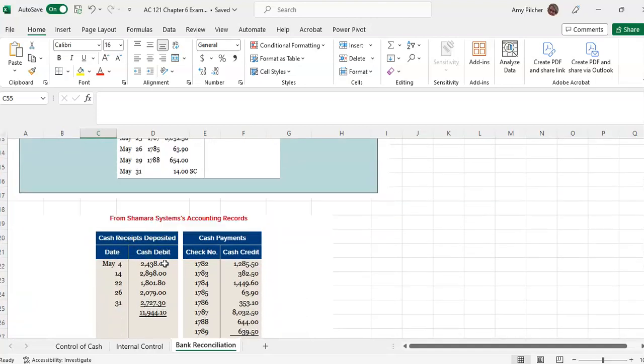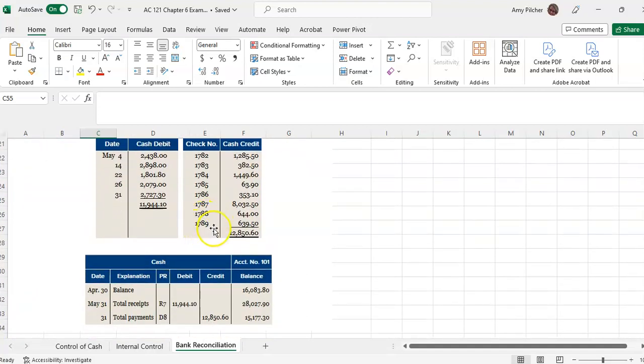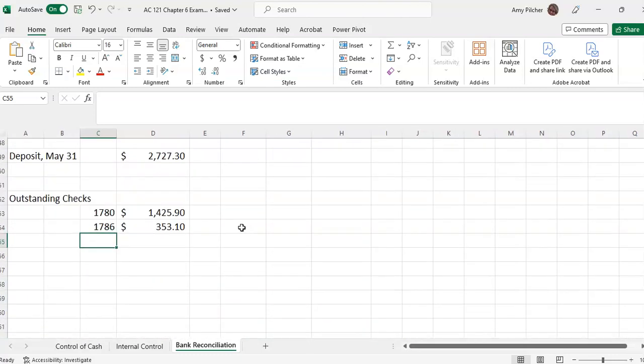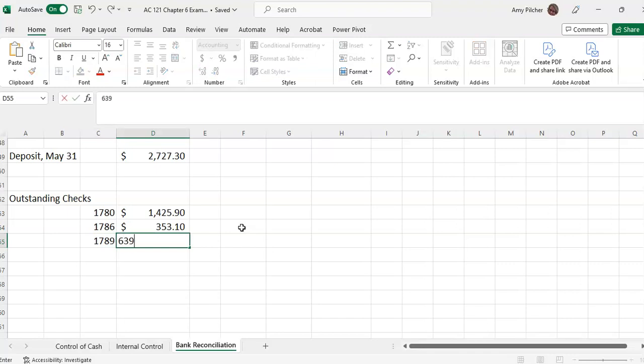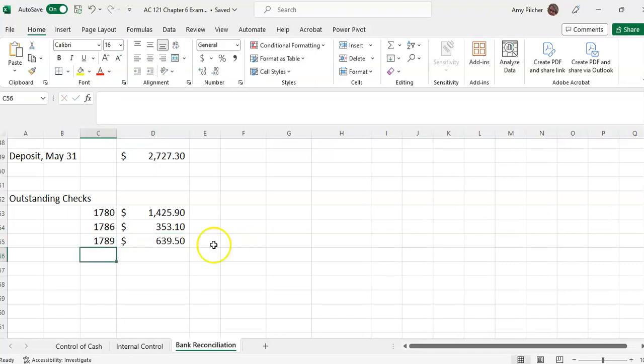And then the other one outstanding is 1789 for $639.50. Okay.